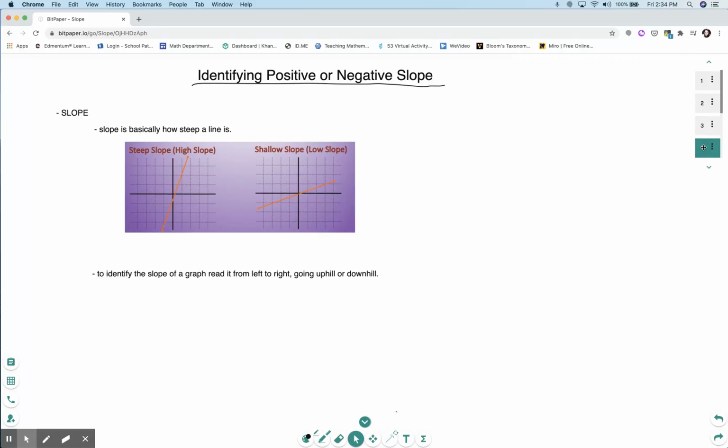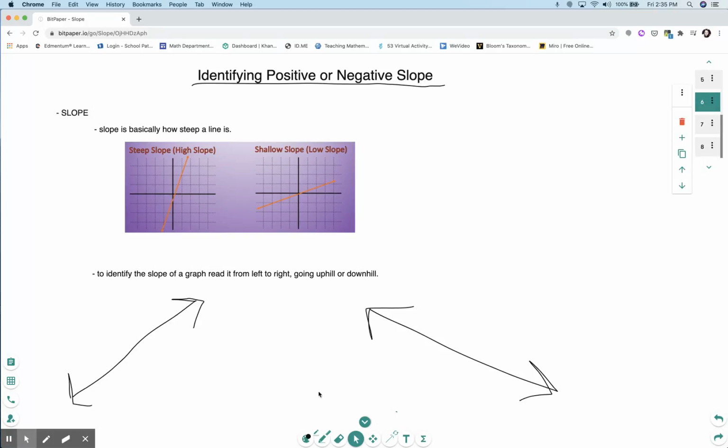Now let's move on to how to identify. To identify the slope of a graph, we read it from left to right, going uphill or downhill. This is how you determine if it's going to be positive, negative, zero, or undefined. So let me give you a small example to copy down. And again, pause the video whenever you need to catch up.